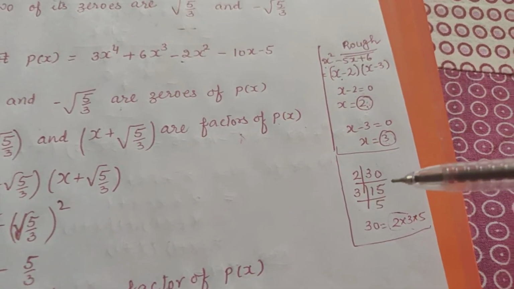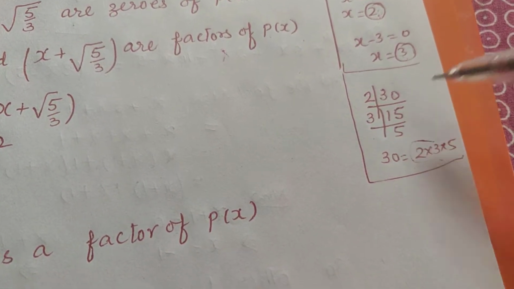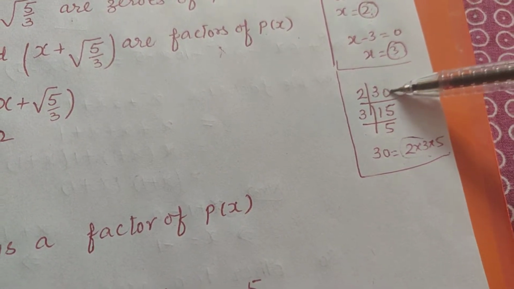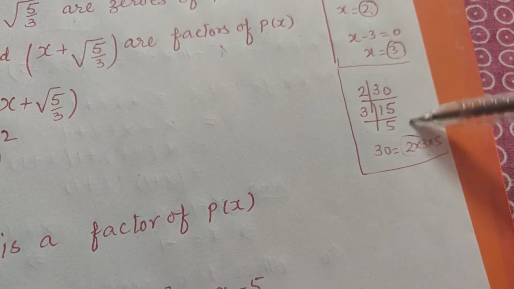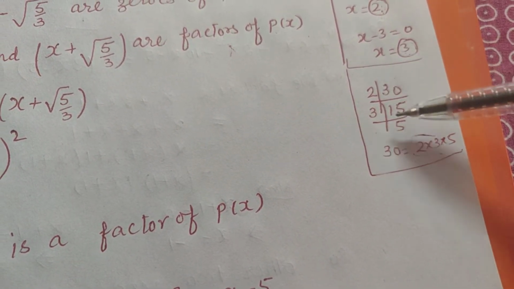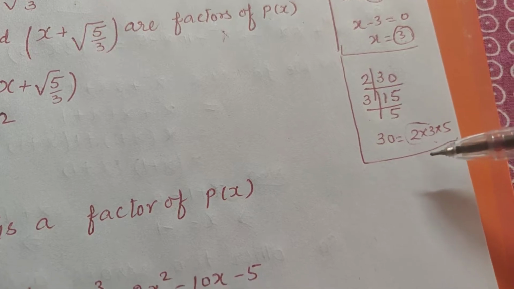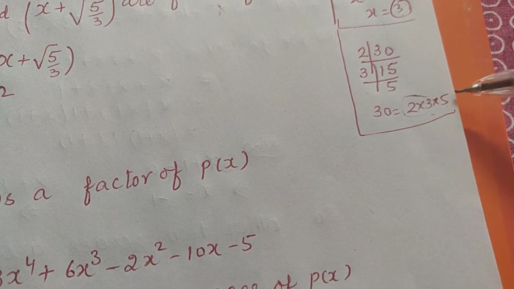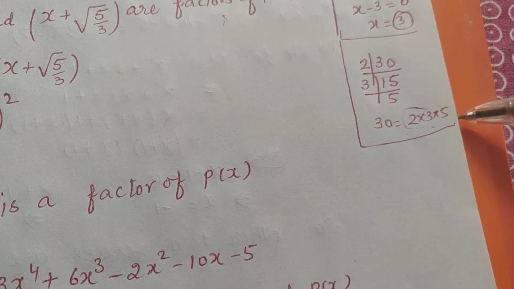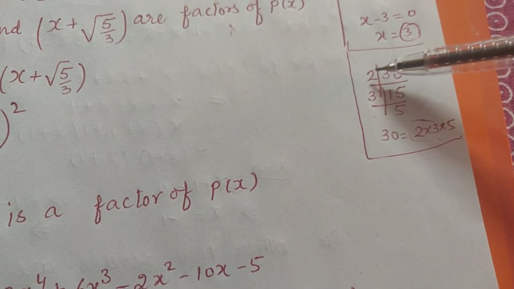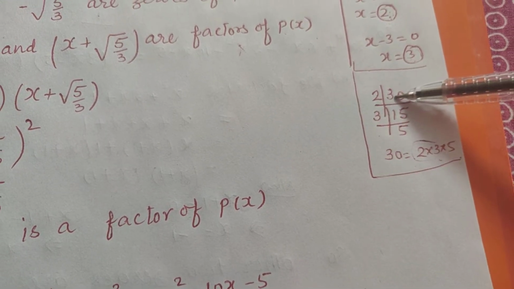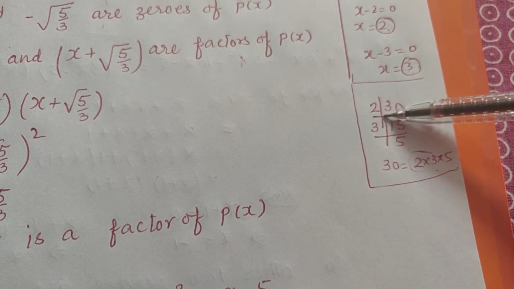See, to understand this, just check this one. Suppose I am talking about 30. If I am making the prime factorization of 30, the prime factors of 30 are 2 into 3 into 5. If I say 2 and 3 are factors of 30, you know the meaning of factor, right?